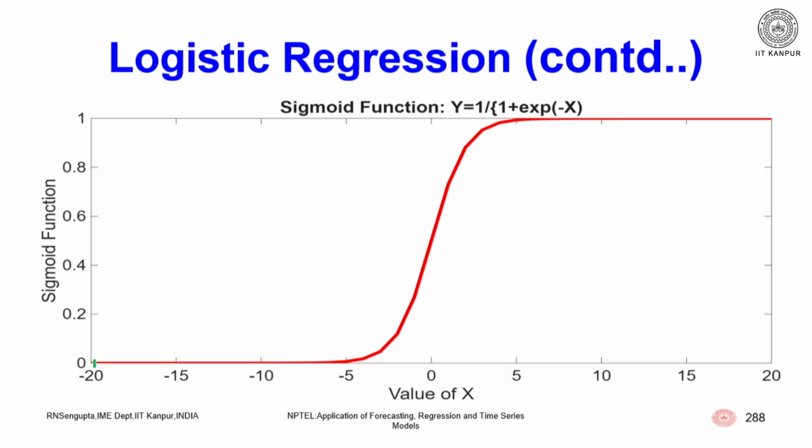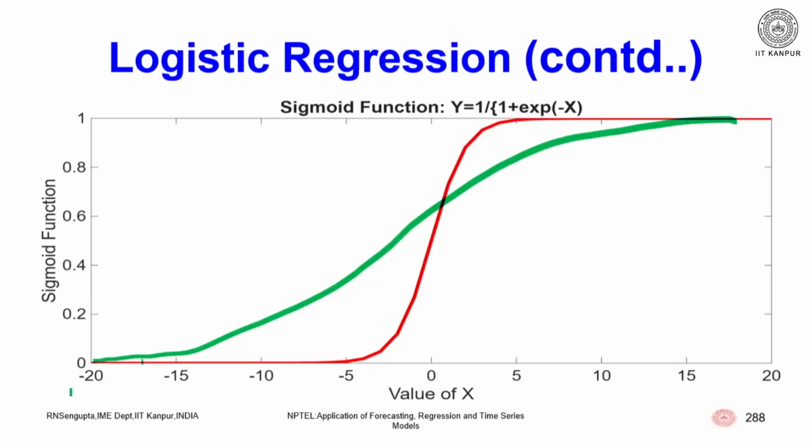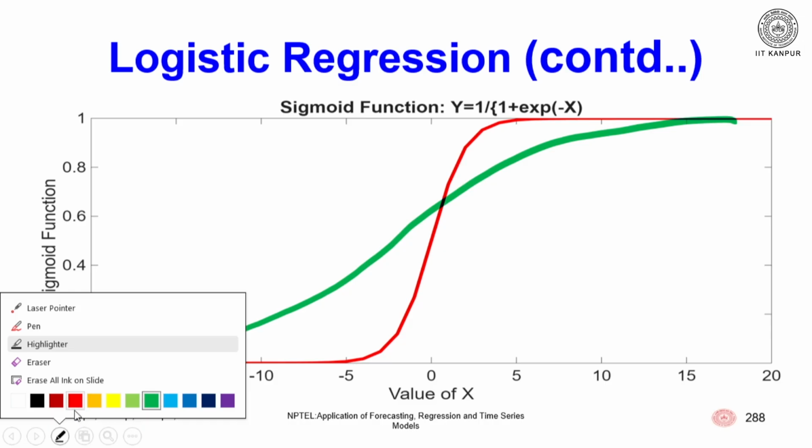The function would look flatter, as we have seen, like something I saw in the last slide. Now, if the domain of x is larger, here it is minus 20 to 20, if I take minus 100 to 100, or minus 200 to plus 200, minus 500 to plus 500, the function would look like this.